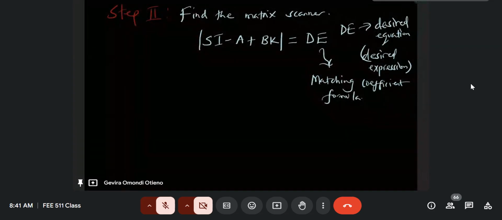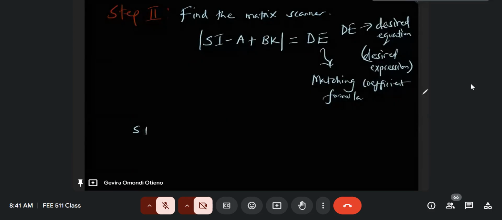Let's find the left side first. We'll get to the desired expression. So I'll write this for you to understand. Please remember, this is how we obtain the characteristic equation of the feedback controller design. The left side has the characteristic equation, the right side has the desired expression, meaning that the characteristic equation must be equal to the desired expression.